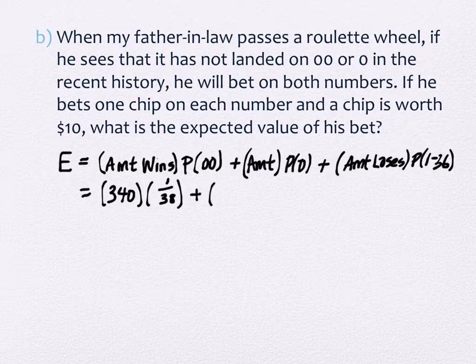And it's the same amount no matter which way he wins it, right? If he wins it with the 0 or the double 0, he still wins $340. And he has a 1 out of 38 chance either way. Depending on the game you were doing, these wouldn't necessarily have to have the same winning values or the same winning probabilities. They could be different from one another. This game just happens to have equal values here.